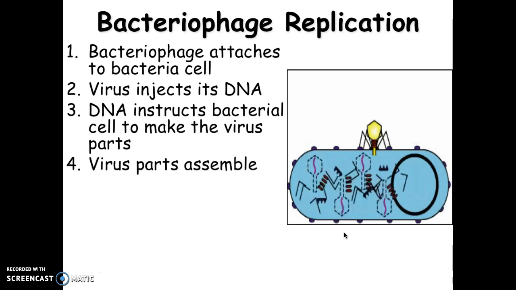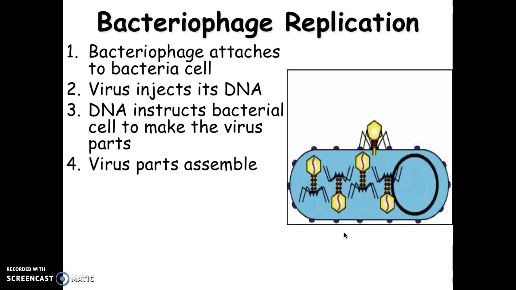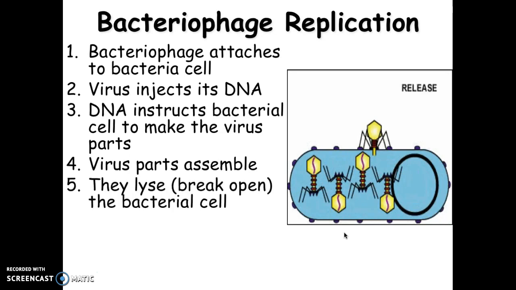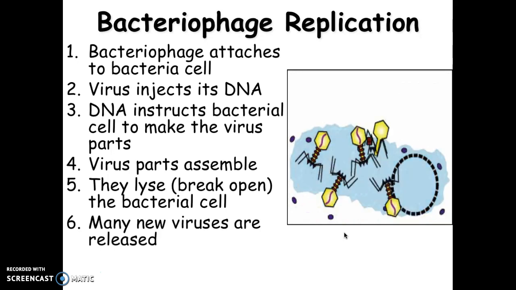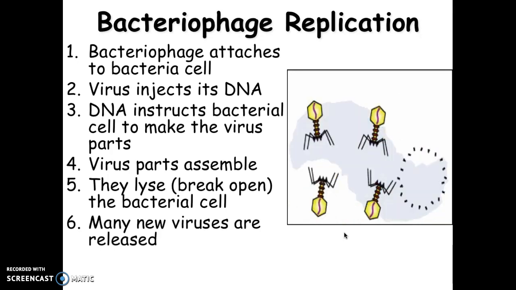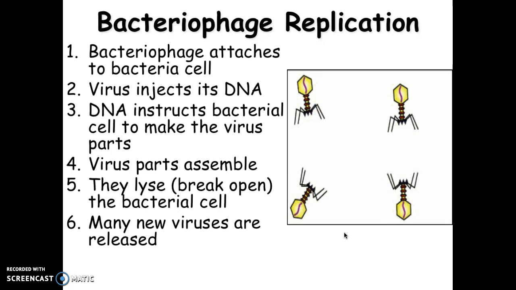And then those parts come together. Then they break open or lyse the bacterial cell and are released into the environment that that bacterial cell was in, ultimately killing the host cell.